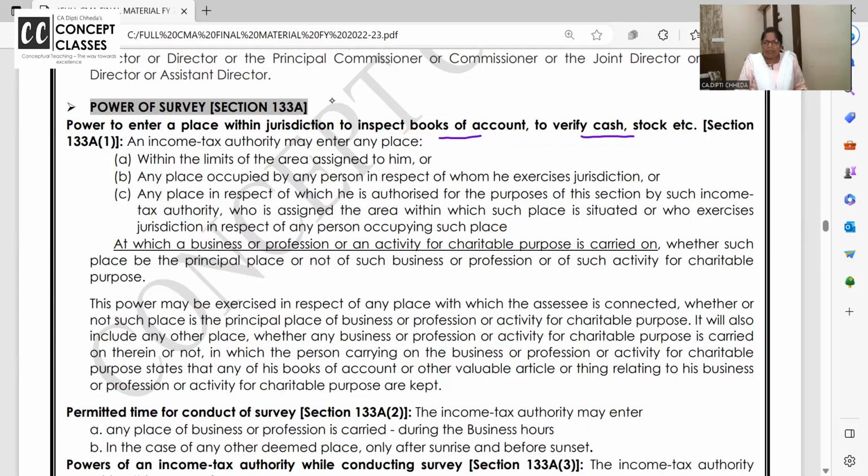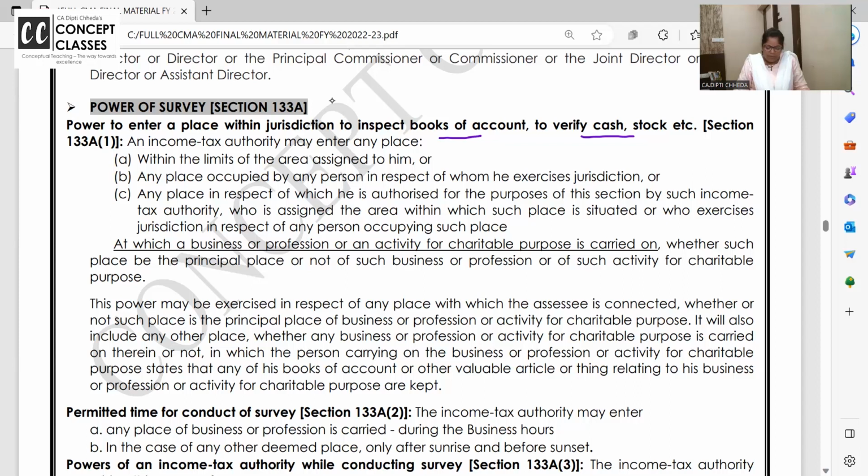So can the survey be done on charitable institutes also? Answer is yes. Whether such place is the principal place of business or any activity, it works. It is not necessary that it be the head office that is searched. This power may be exercised in respect of any place within which the business is connected, whether or not such place is the principal place of business.